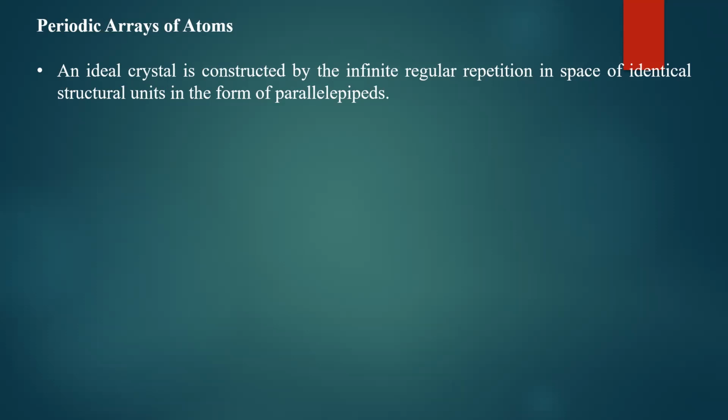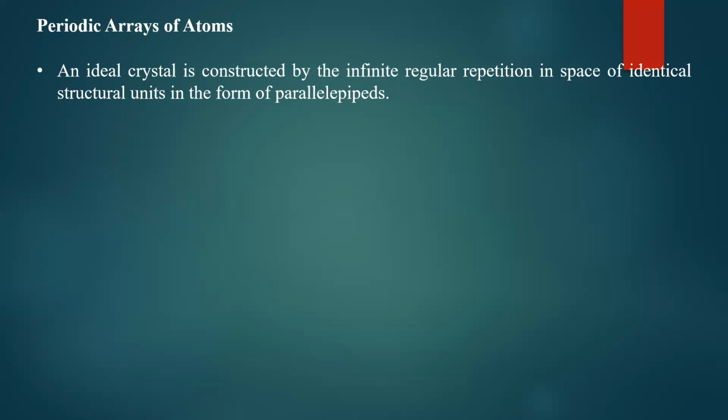There is a regular arrangement. For example, to understand the concept of a crystal, arrange the chairs in rows in a given volume. In a simple room, you arrange the chairs in a particular way, so that in each row you can put 10 chairs at equal distances, then beside that you create another row so that the distance between the chairs is equal.